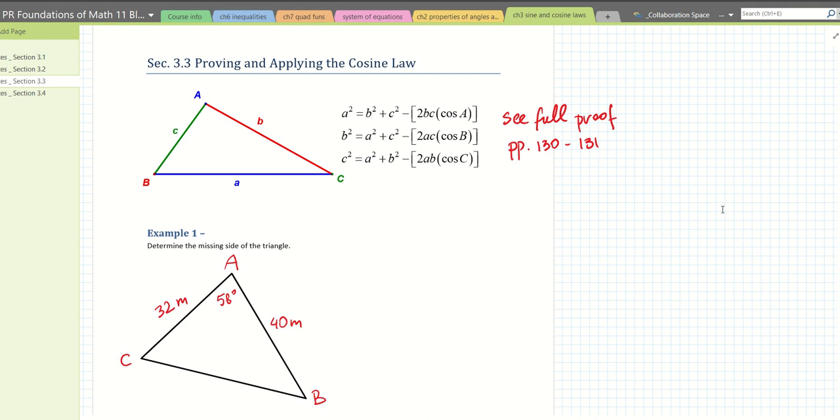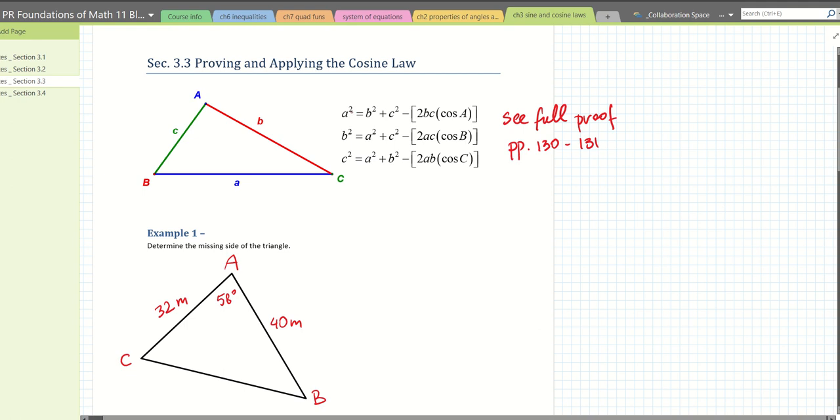So sine law had two forms. Either you have the sine at the top and the length on the bottom, or you have the length on the top, sorry, and the sine on the bottom. Now for the cosine law, there's three forms. If you look here, the lowercase letters are side lengths, and the uppercase letters are the angles.